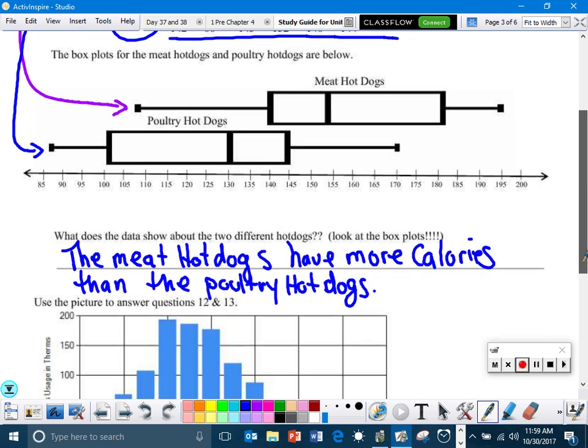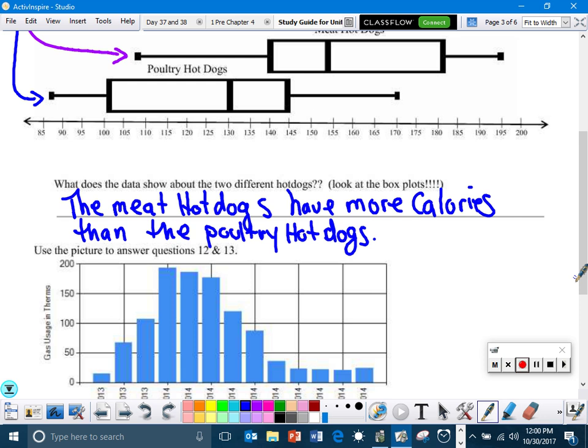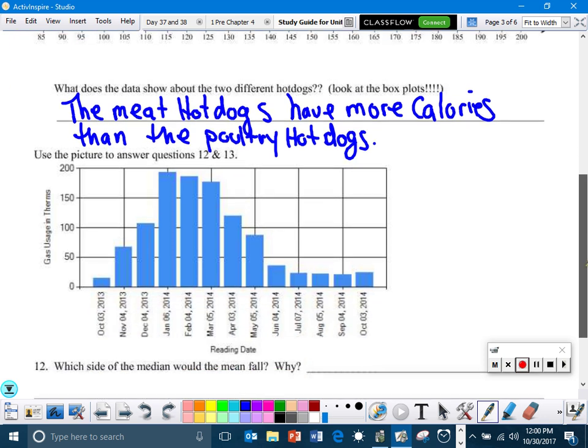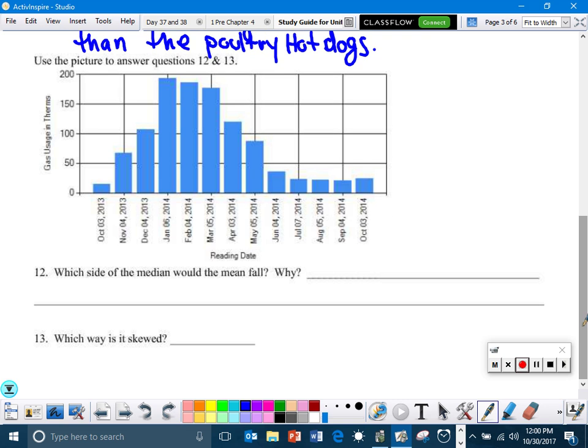Or you could reverse that and say the poultry hot dogs have less calories than the meat hot dogs. But that's all I'm asking you. Look at the picture and tell me what you see. That's part of data analysis. All right, next picture.